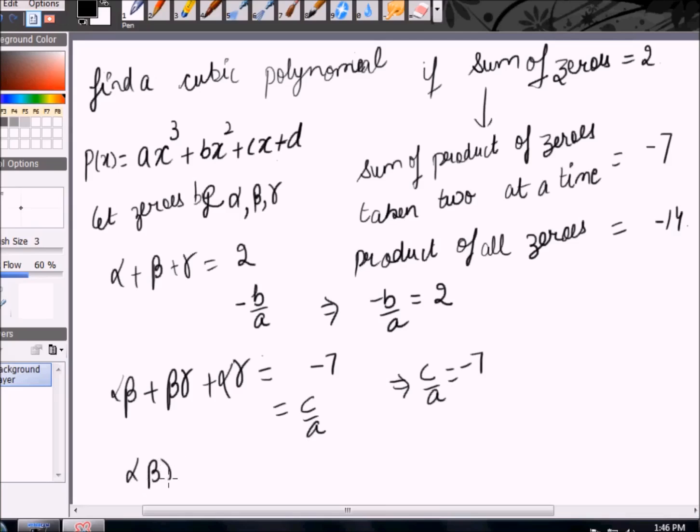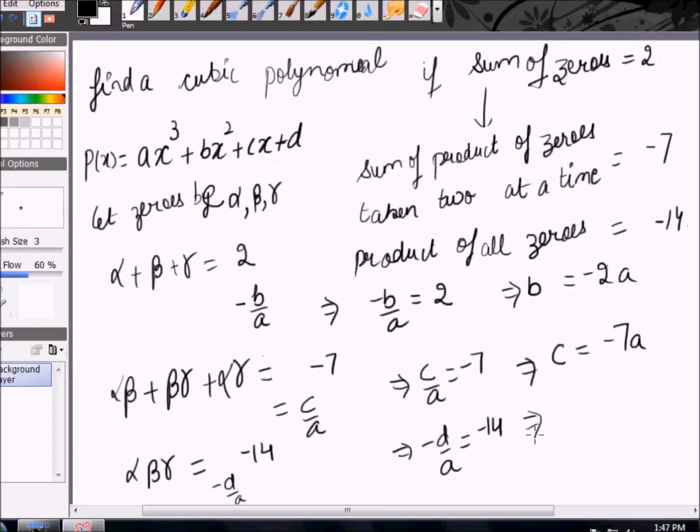Similarly, the product, that is alpha into beta into gamma, is given as minus 14, which was derived as minus d over a, implies that minus d by a equals minus 14. From this, we get b equals minus 2a, taking the negative from the left hand side to the right hand side. Here c equals minus 7a, and here d equals 14a.